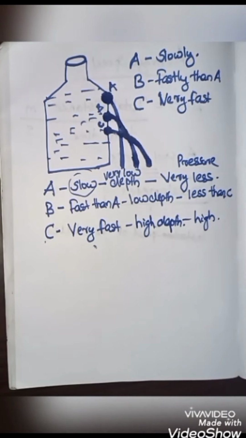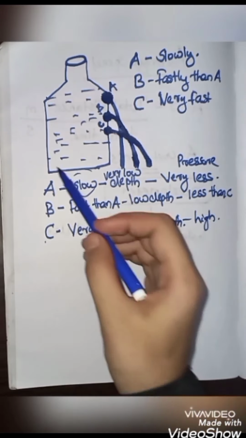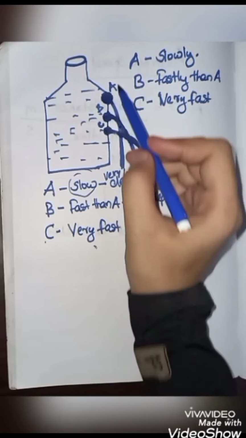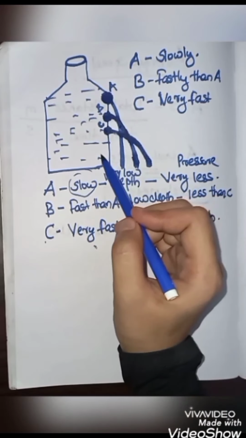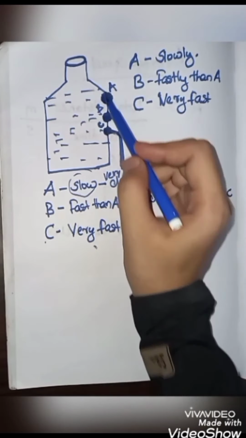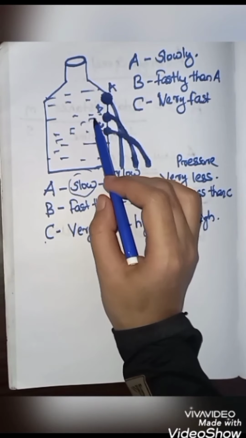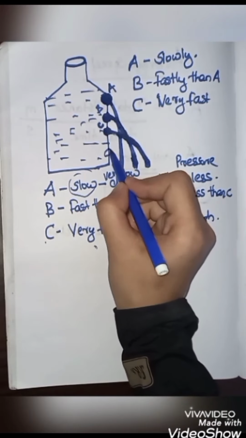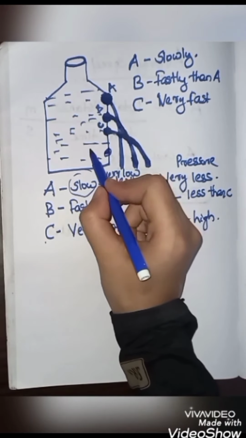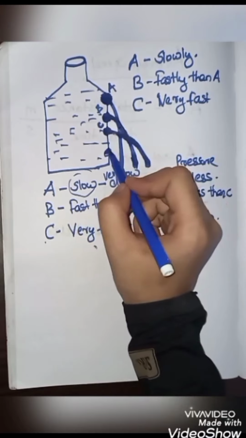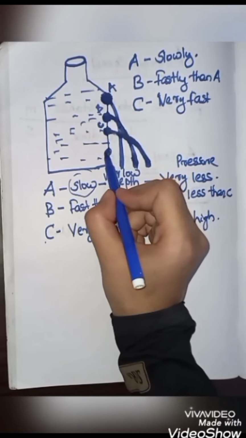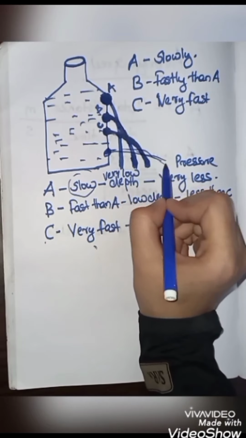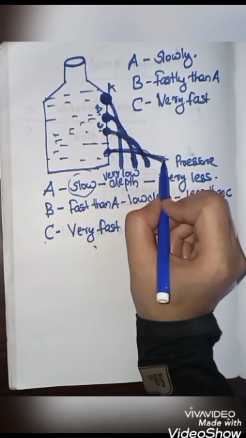Then what can we understand from these three? As the depth of the hole increases, the pressure exerted by the water also increases. When I make a hole here, the pressure exerted by the water is more than at this one, so the water moves very fast.